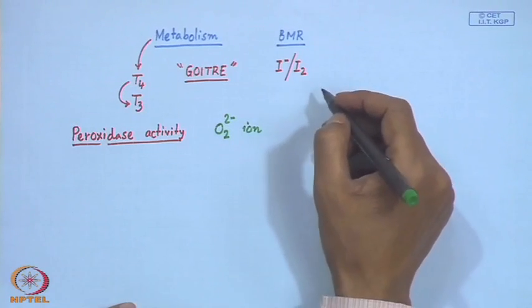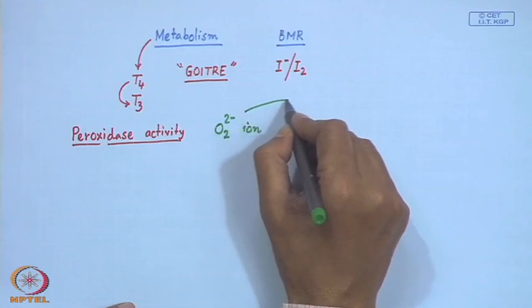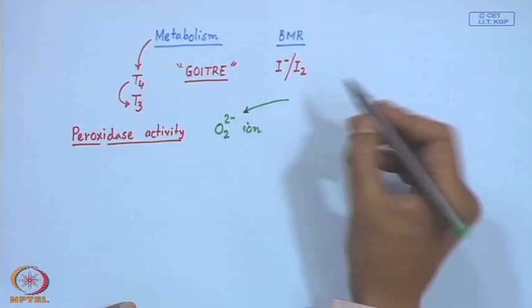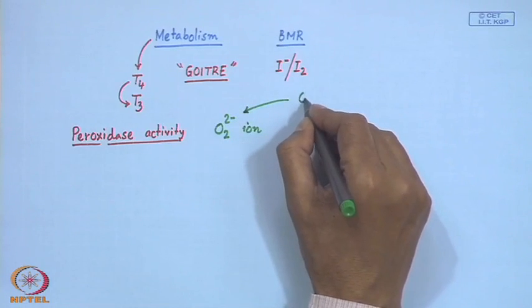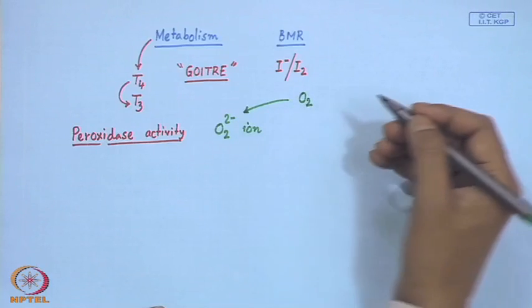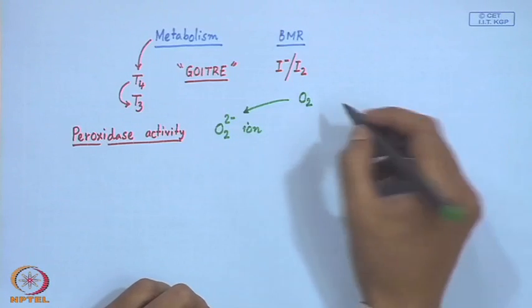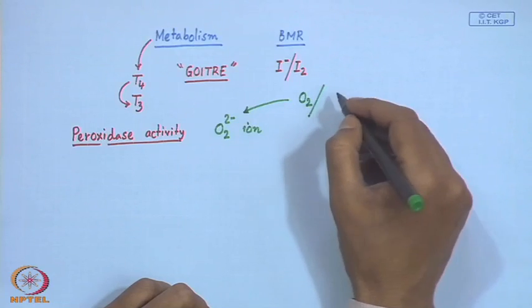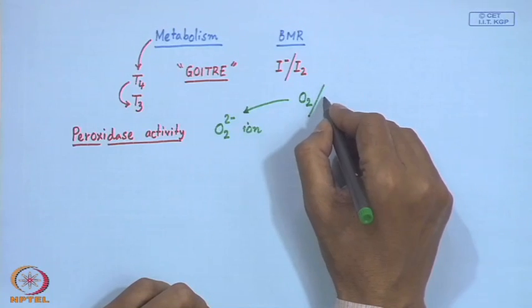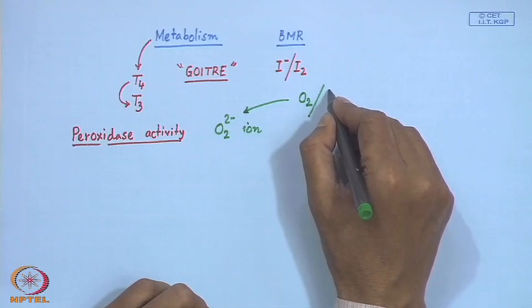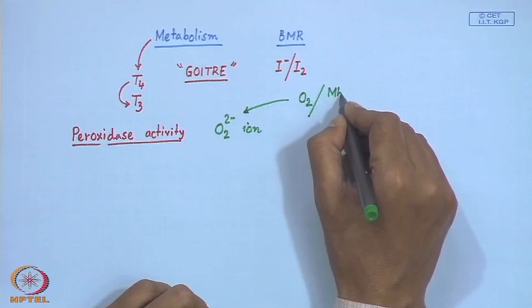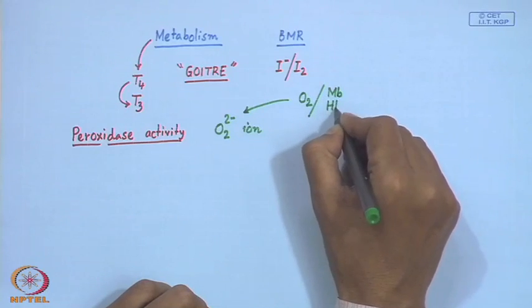We all know that during respiration we consume this dioxygen molecule, which is very important for our survival and which initially can be taken up by myoglobin and hemoglobin molecules.